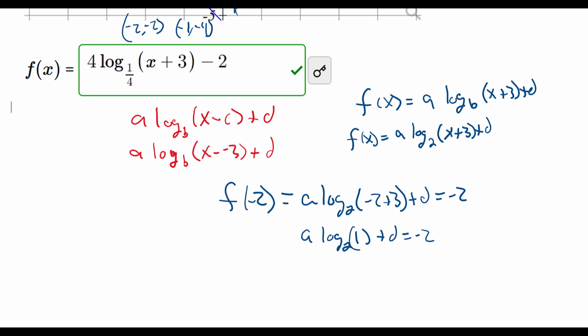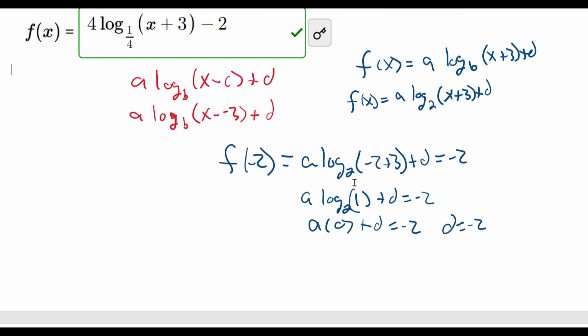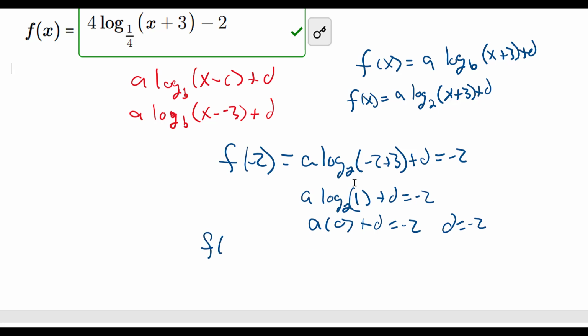Log base 2 of 1 is 0, so A times 0 plus D equals -2. So we know D is -2. So f of X is A log base 2 of (X plus 3) minus 2.